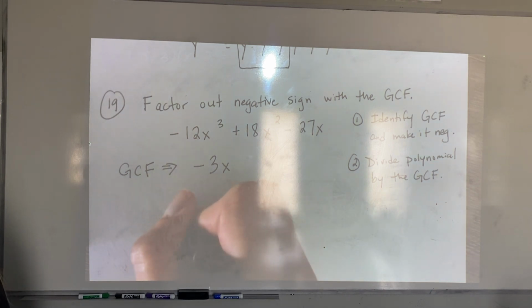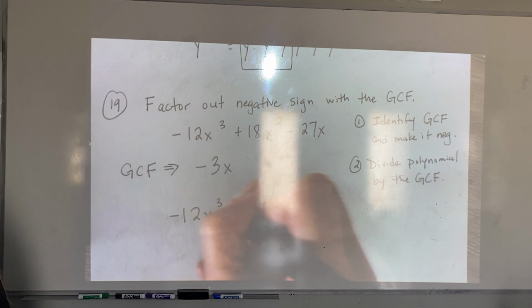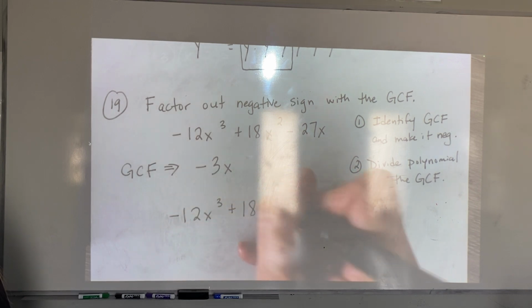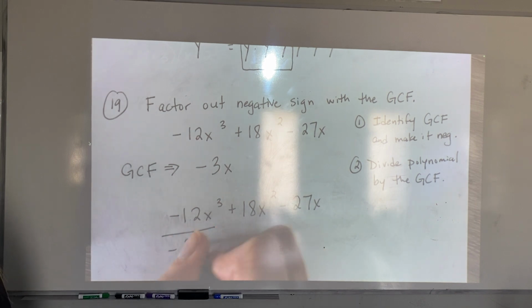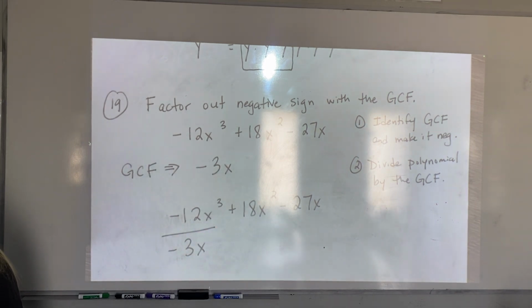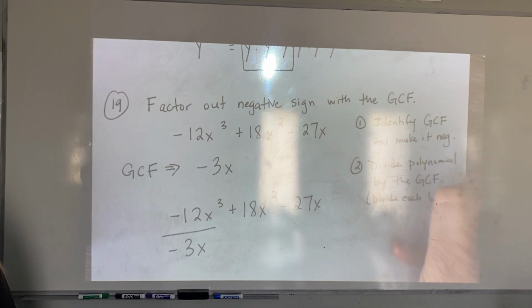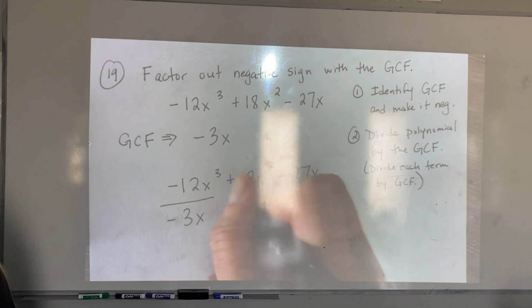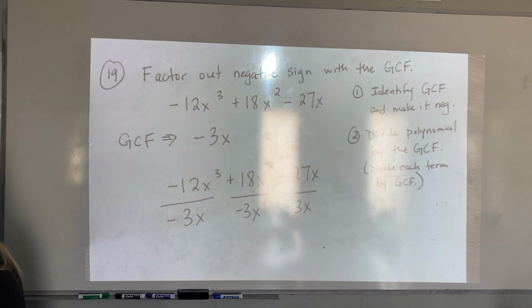So we're going to take negative 12x cubed plus 18x squared minus 27x, and we're going to divide each term by the GCF, negative 3x.